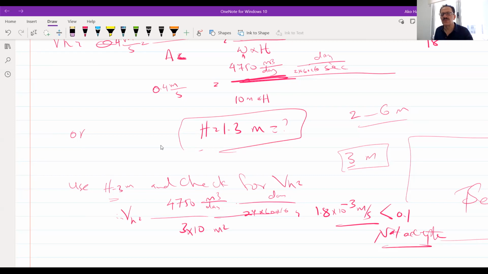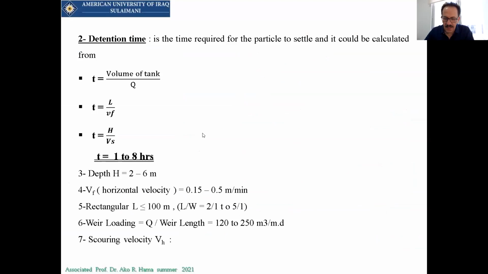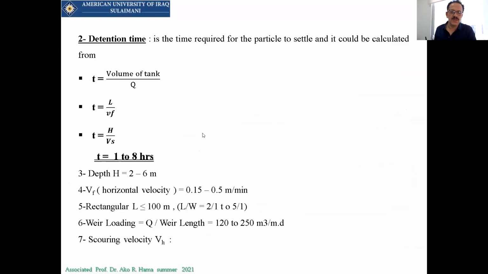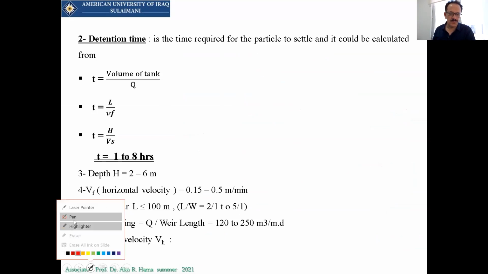So we have to use another h. I think you get the idea, right? The idea is we have to assume a value for the h and check the values.